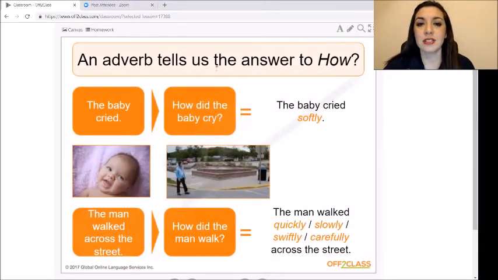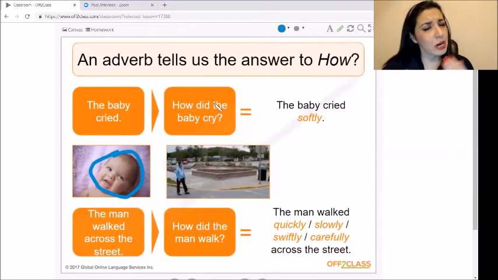An adverb tells us the answer to how. Okay, so here are some examples. The baby cried. Wah, wah. How did the baby cry? Well, softly. The baby cried softly. The man walked across the street.